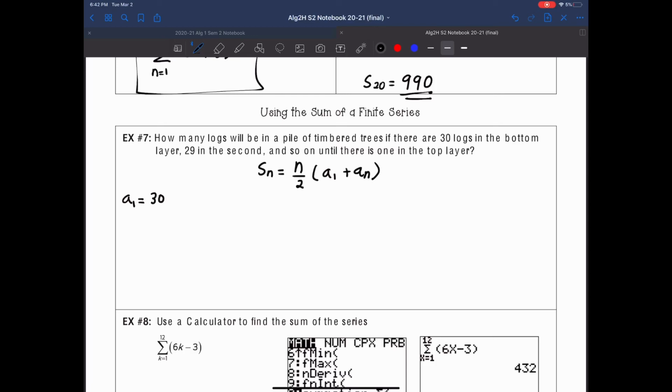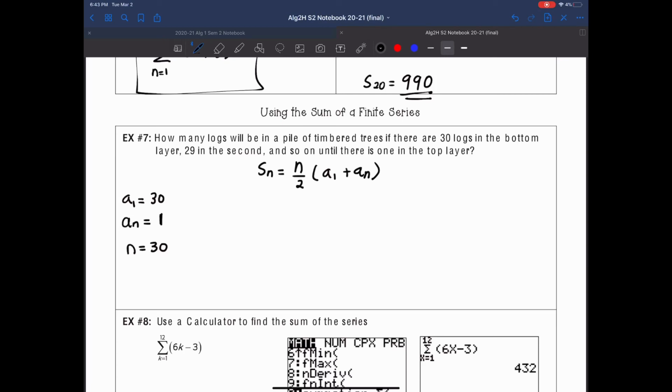I also need to know what a sub n is. That's the last term of the entire series, and that's going to give me 1, because the last row has to have 1 log. And then I need to find what n is equal to. Well, to get from the first term down to the last term, this is going to take 30 different rounds. So I'm going to say n equals 30, okay? Because that's the number of terms there will be in the series from 30 down to 1.